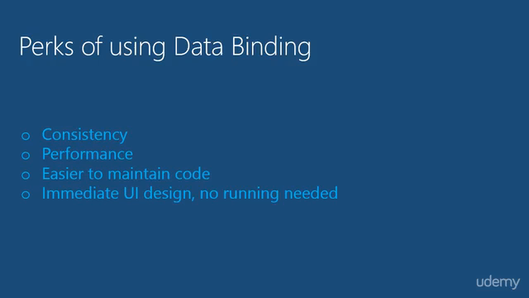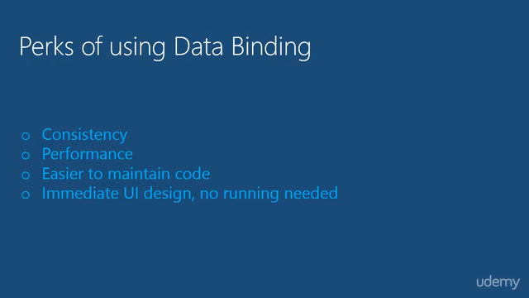Data binding is consistent because it allows you to create several bindings to different parts of the UI with the same class. Its performance is outstanding compared to writing many lines of code.